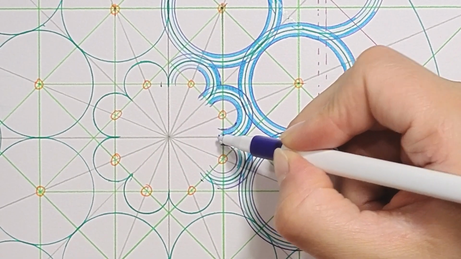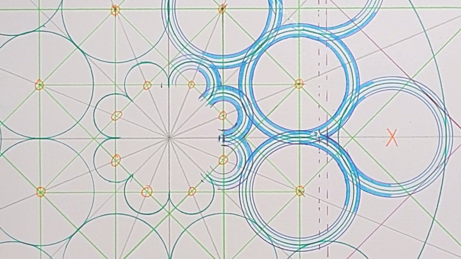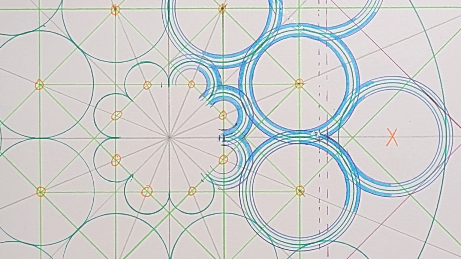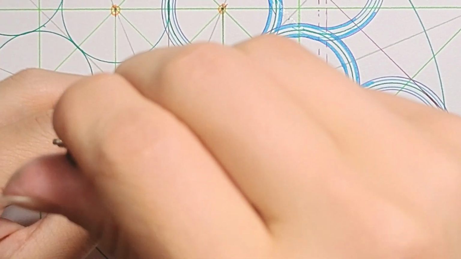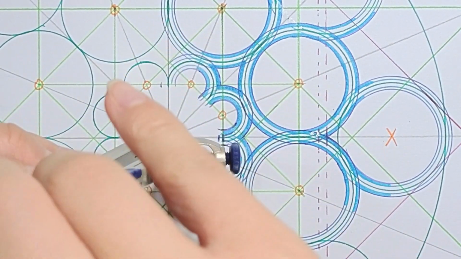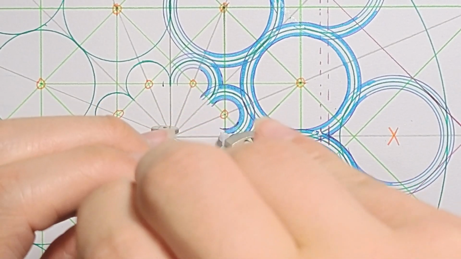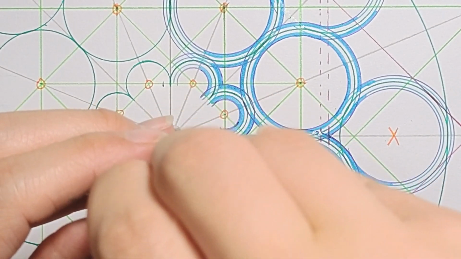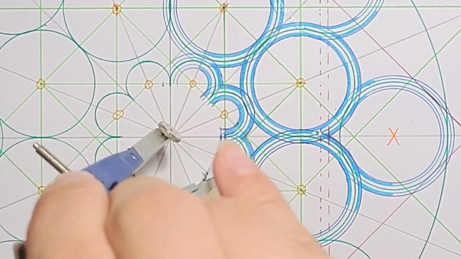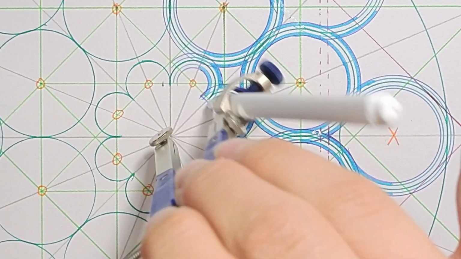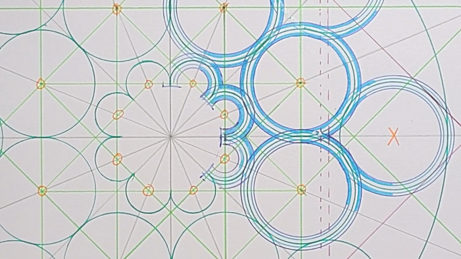I would just use a compass for that, from the center, and I've eyeballed the thickness because it's just like 1 millimeter anyway, and that would be the finishing line.